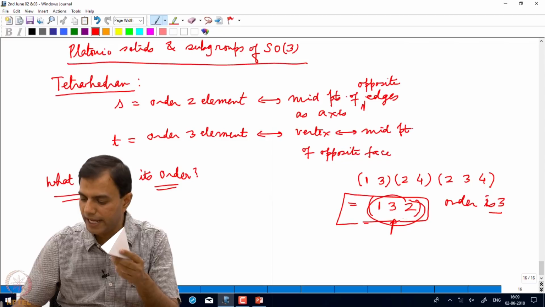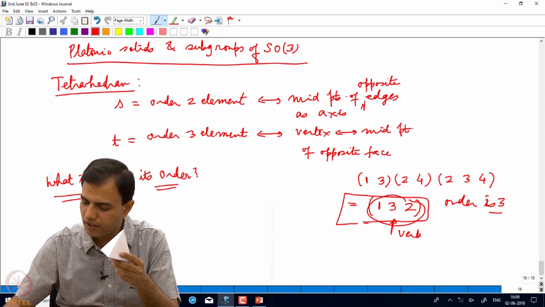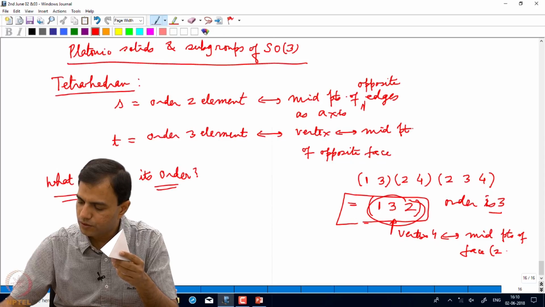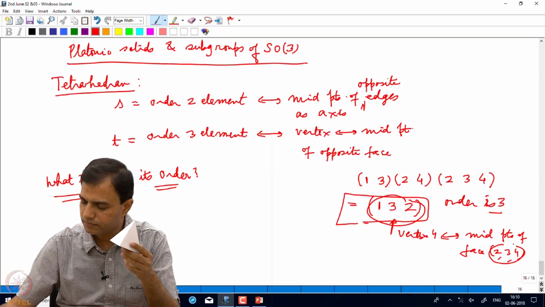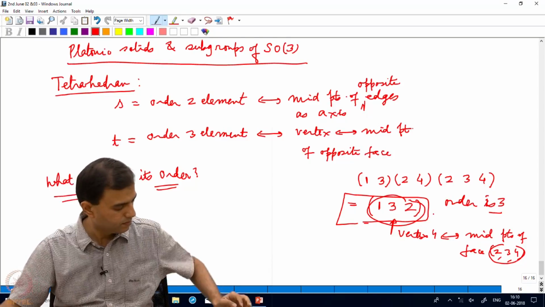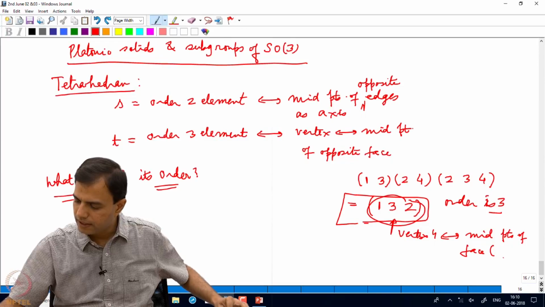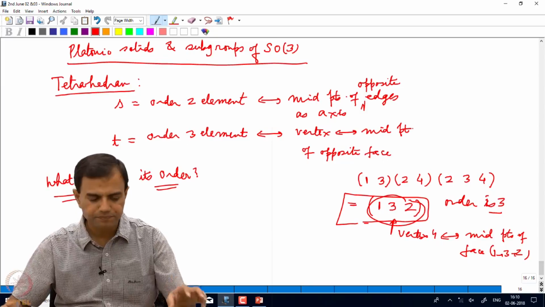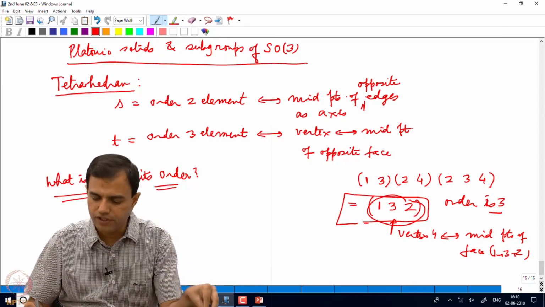So one end of this is vertex 4, and you are having the other end of the axis as the midpoint of face 2, 3, 4. So whatever is that, face 2, 3, 4. Oh no, here in this case 1, 3, 2. In this case it's face 1, 3, 2, that face. Yeah. So ST has order 3.